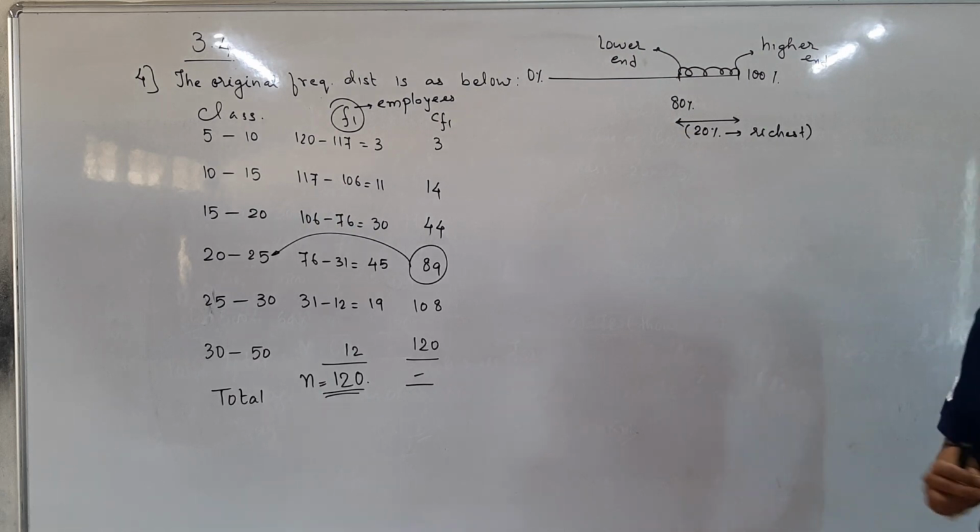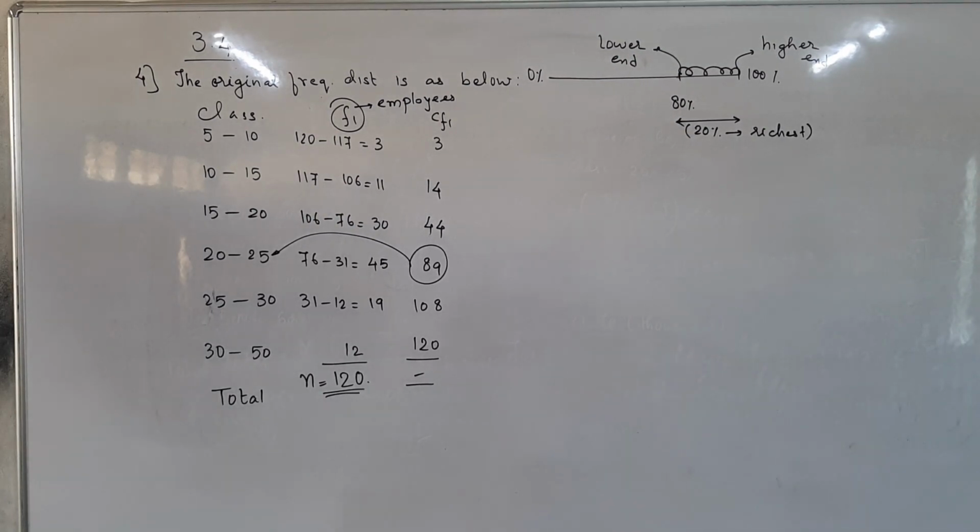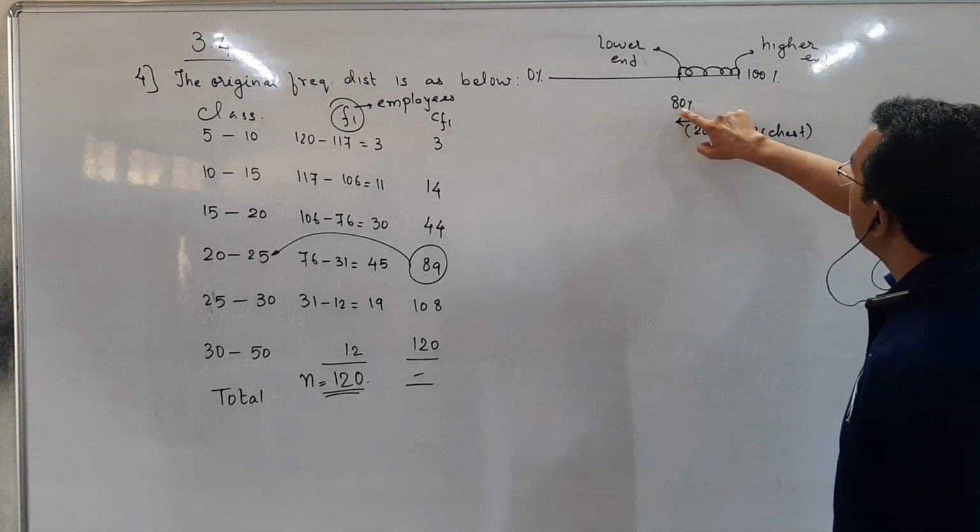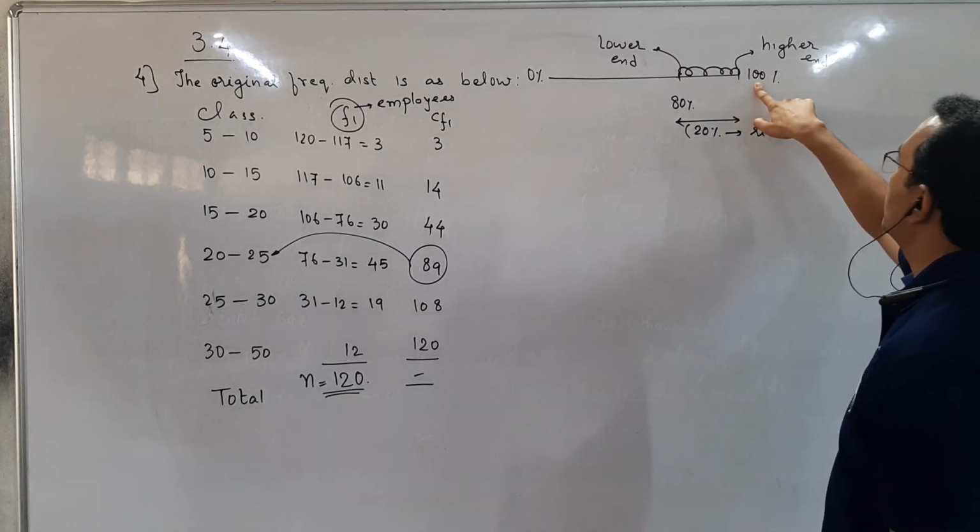Check, students, what I have written. Total 100% employees, correct. 20% employees are richest. So for the richest 20%, their lower end will be 80% and their higher end will be 100%.